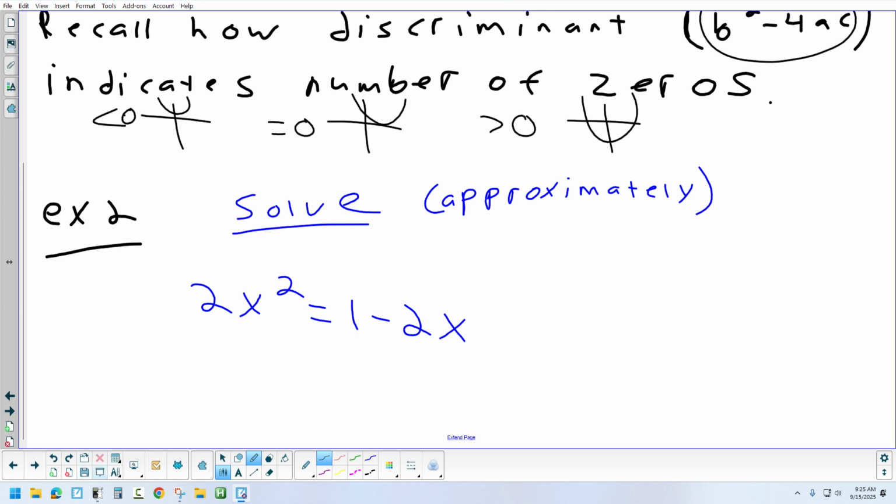Okay, what's our first step to solving this quadratic? Daria? Well, what's the goal?